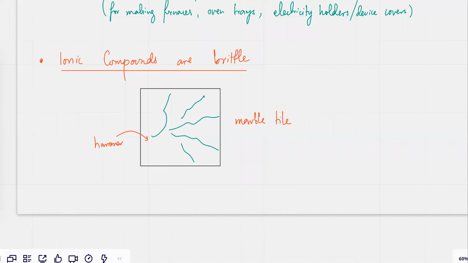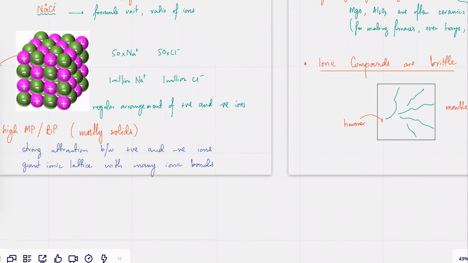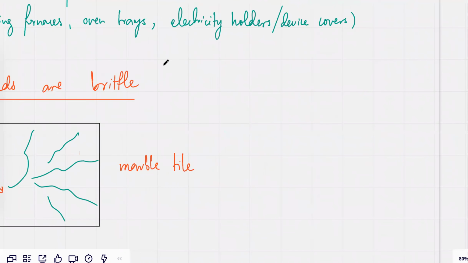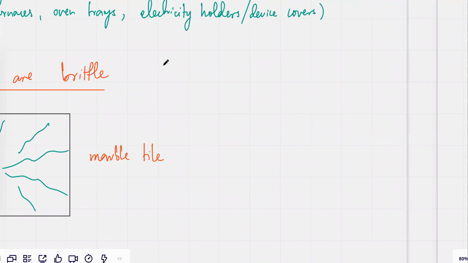The answer is that ionic compounds are really tough, because positive and negative ions are really strongly attracted to each other. But ionic lattices are very sensitive to the arrangement. For example, I've got an NaCl structure. Although NaCl is not that strong, NaCl is brittle as well. If you have a salt crystal and you crush it, it breaks into tiny pieces, right?